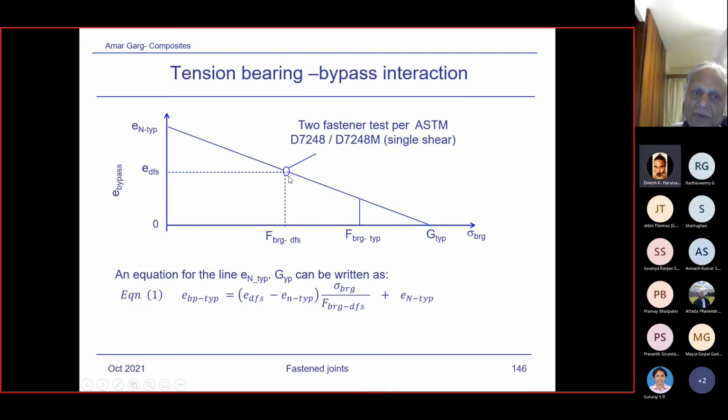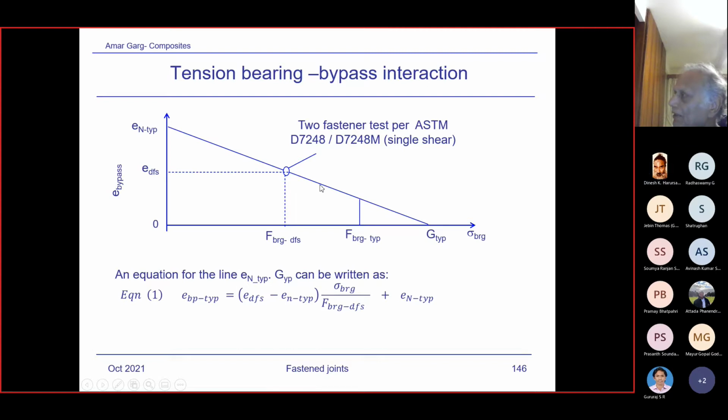So 1, 2. These 2 points are known. And then you draw this straight line, which intersects over here. In the design, we know this point from our single fastener test. So that means we cannot have bearing stress allowable more than this one. So we just project it vertically up. So our interaction chart is this, essentially.